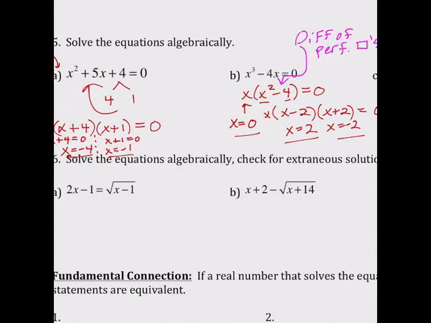We ran into something last block. I'm a little spacey coming out of break, and I goofed up. You notice the factors go in here for factored form, 4 and 1. Look at what the roots are compared to the factors. When you do that kind of factoring, do you see what's going on? The roots versus the factors. Positive 4 and 1 turn into negative 4 and negative 1. Be careful. It's easy to mix those up.